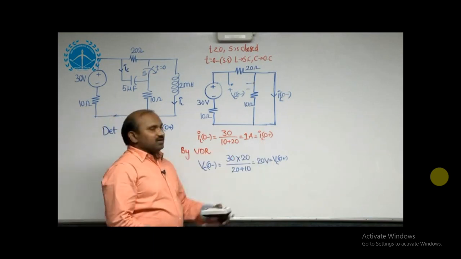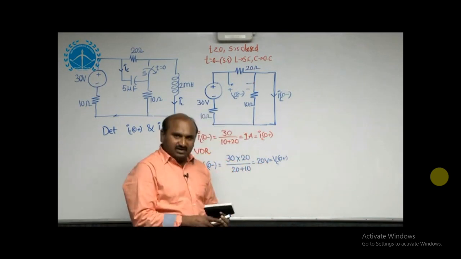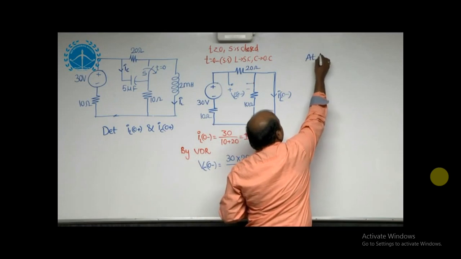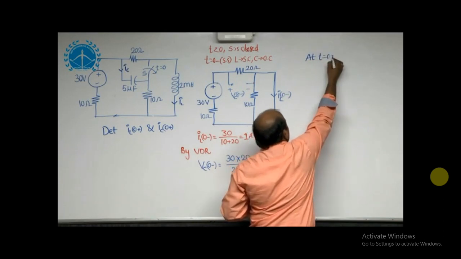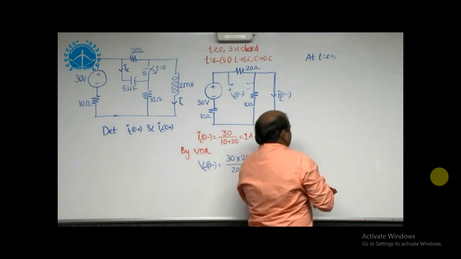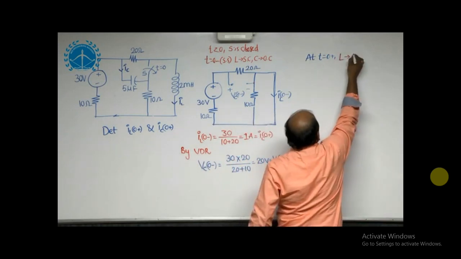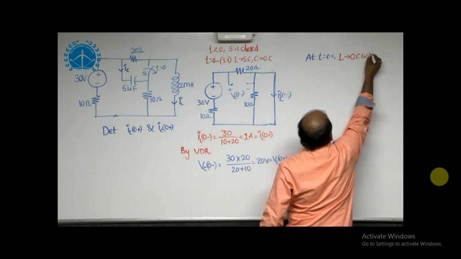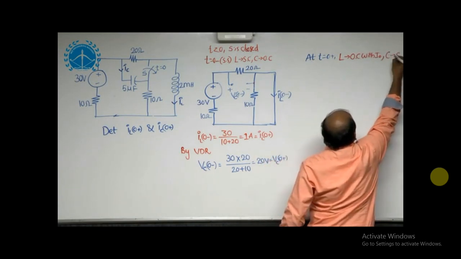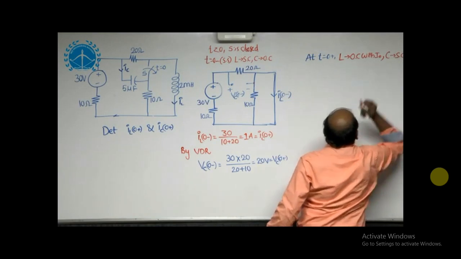Now one of the required values, IL of 0 plus, we got. To obtain the other required value, that is IC of 0 plus, we need to take the circuit at t equal to 0 plus. Now at t equal to 0 plus, the switch position is open. At t equal to 0 plus, inductor acts as an open circuit with a parallel current source, and capacitor acts as a short circuit with a series voltage source. That short circuit path current we have to estimate.